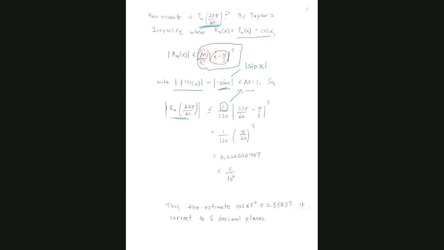Times x minus pi over 3, where the x we're using is 23 pi over 60, so we put in 23 pi over 60 minus pi over 3, raised to the 5th power. And that's going to get us 1 over 120 times pi over 20 to the 5th power.